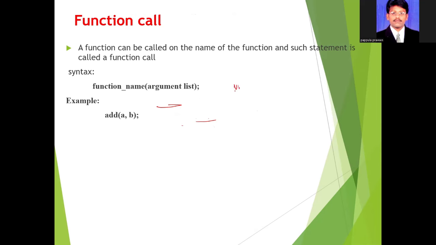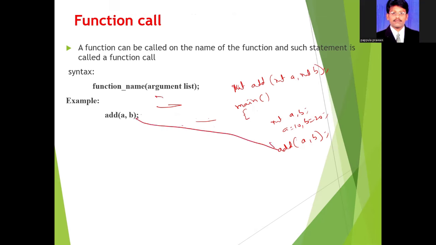In our previous example, int add, int a, comma, int b. This is the return. And main method, open bracket. We declare a, comma, b. Suppose a equal to 10, b equal to 20, we assume. Now I want to use add of a, comma, b. See, observe, add of a, comma, b. Now, where is the add? Here, add of a, comma, b.